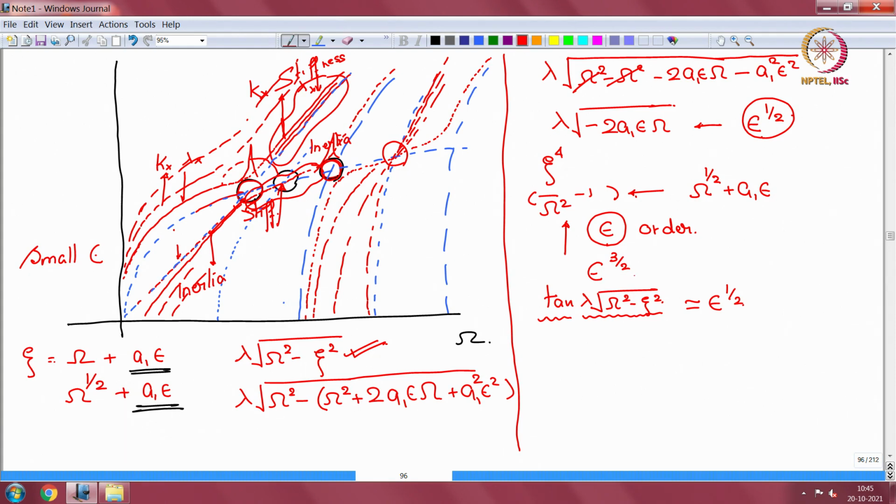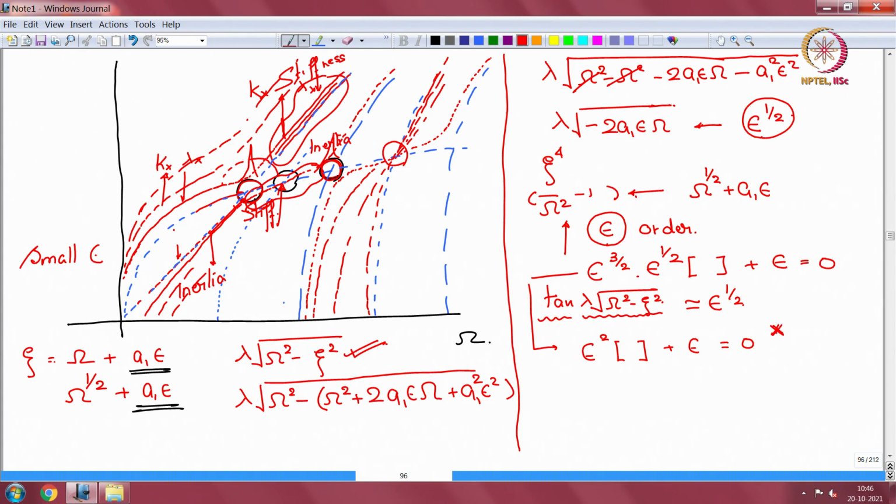So this epsilon to the power 3 by 2 and another epsilon to the power half and some terms plus epsilon should balance. But this has now become epsilon square and we are left with epsilon to be balanced. So it cannot be balanced.